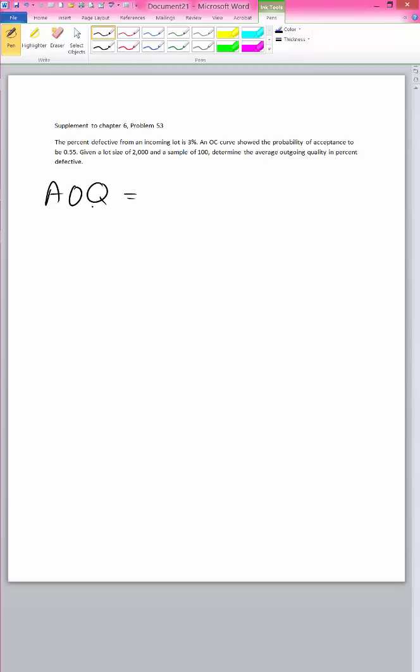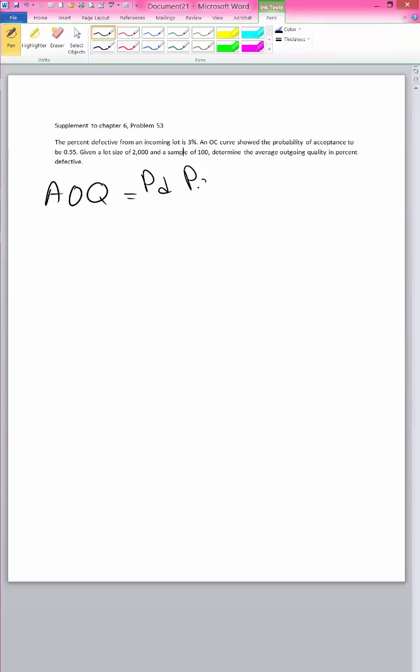Now, how do you compute average outgoing quality? There are a few parameters that go into it. One is what we call P sub D, and that's the true percentage of defects in the sample that you are collecting.